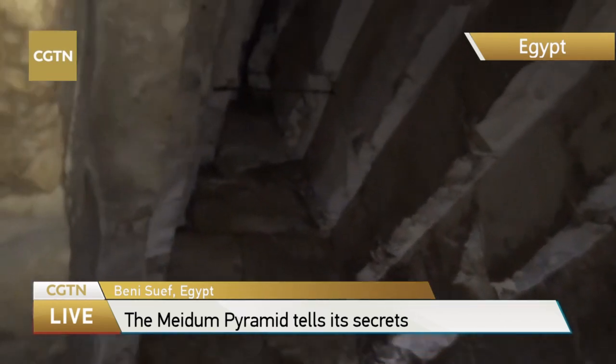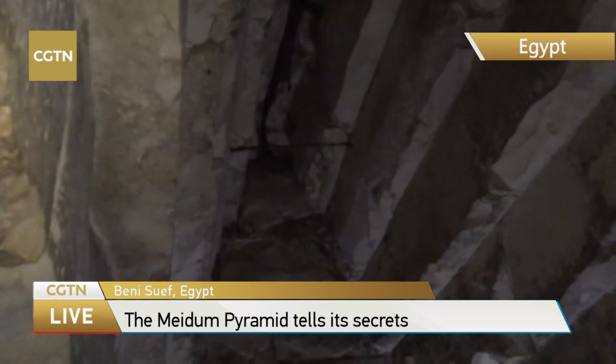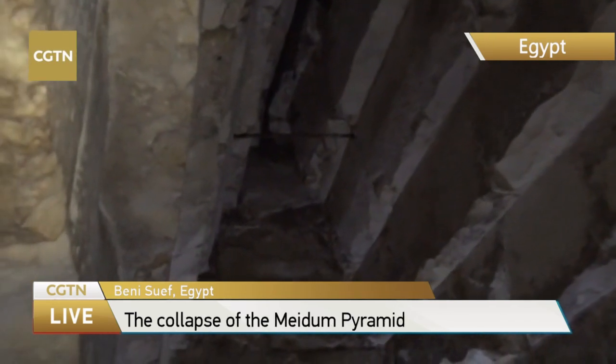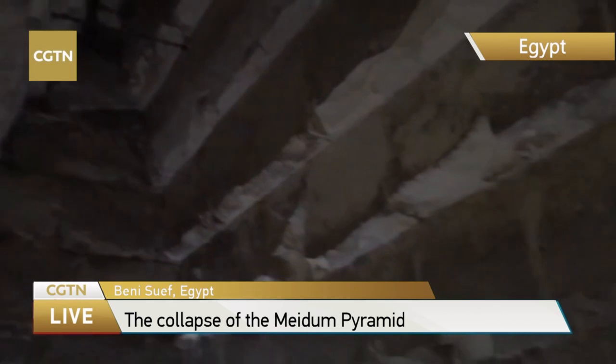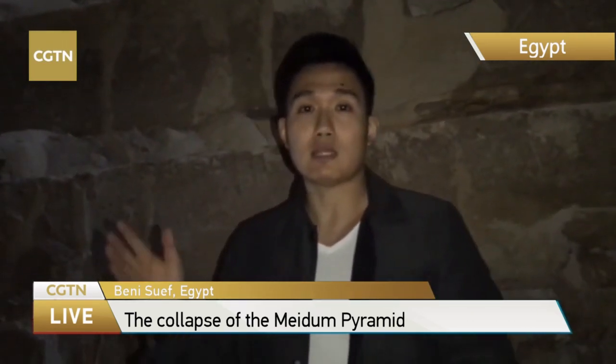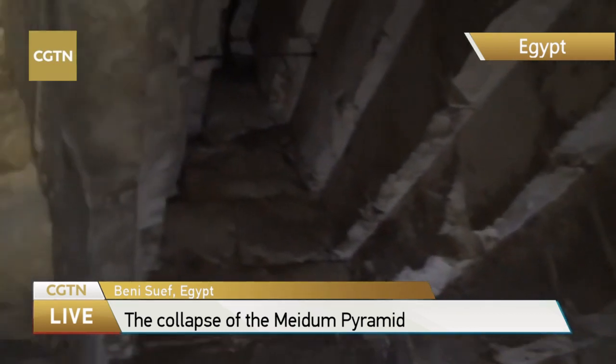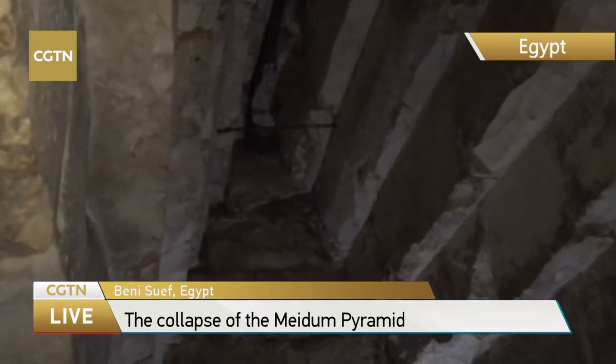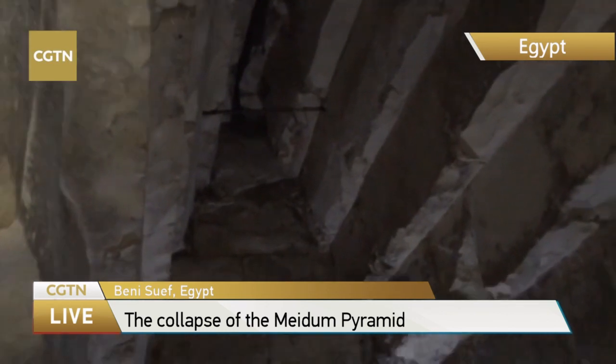We want to make sure the pyramid is stable and has a good rectangular pyramid shape, because if it's too steep, then the limestone cannot stay still and cannot attach to the surface. So we modified the shape, and right now you can see what we see. A common version is the rectangular pyramid. That's the proven stable structure.